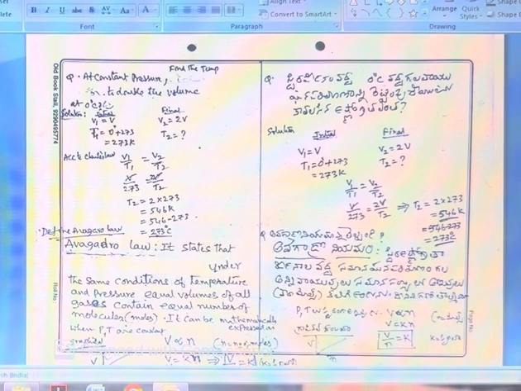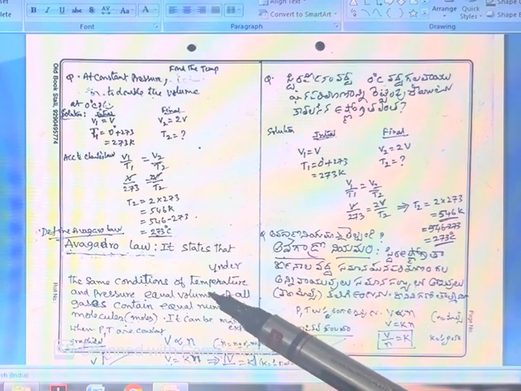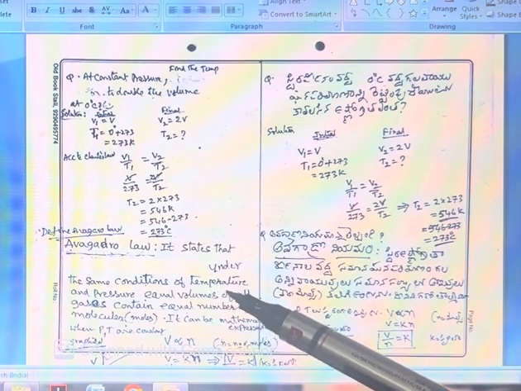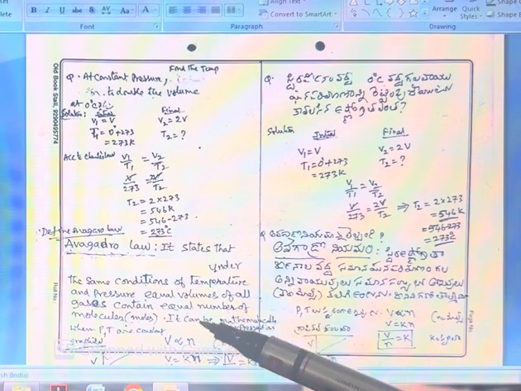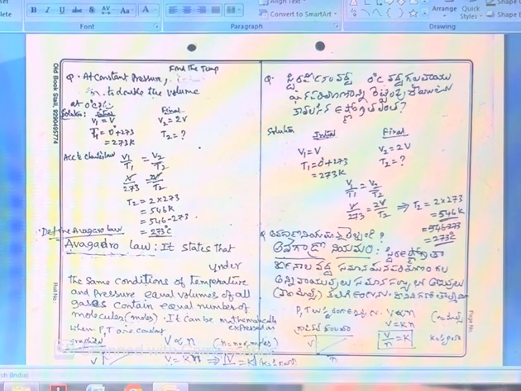Define Avogadro's law. It states that under similar conditions of temperature and pressure, equal volumes of all gases contain an equal number of molecules or moles. When temperature and pressure are constant, equal volumes of all gases contain equal moles.